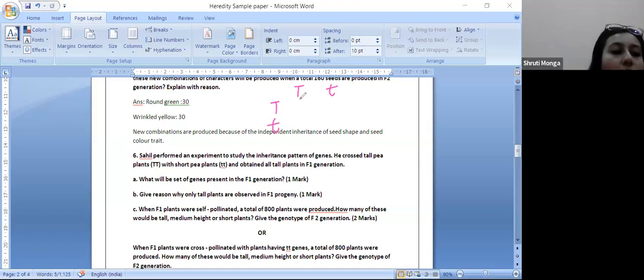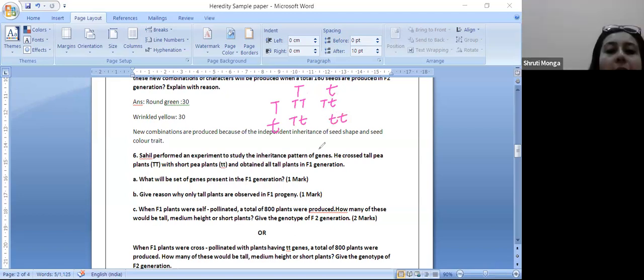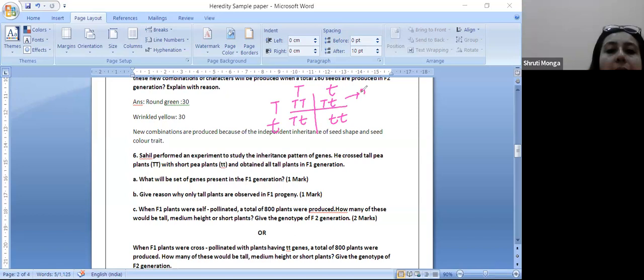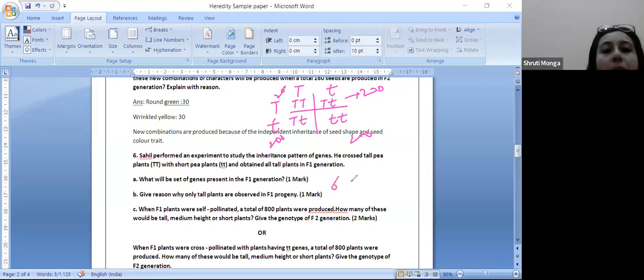So capital T capital T, capital T small t, capital T small t, and small t small t. They are saying there are total 800 plants, so each box is 200, right? This is 200, this is 200, this is 200, this is 200. Now calculate it. How many would be tall? 2, 4, 6. 600 would be tall and 200 would be short.